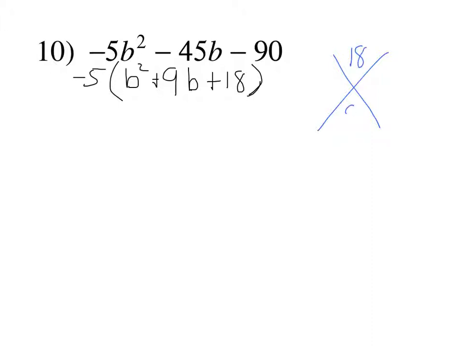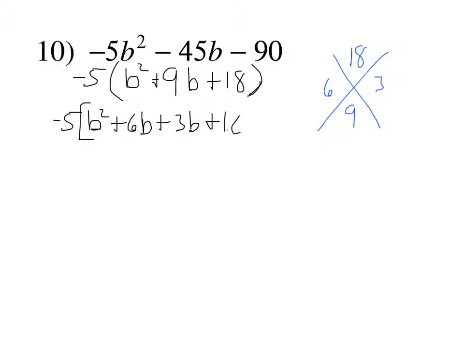B is 9. We need two numbers that multiply to give us 18 and add to give us 9. 6 and 3. Excellent. So we rewrite: b squared plus 6b plus 3b plus 18.